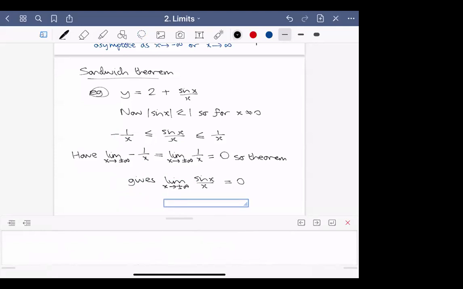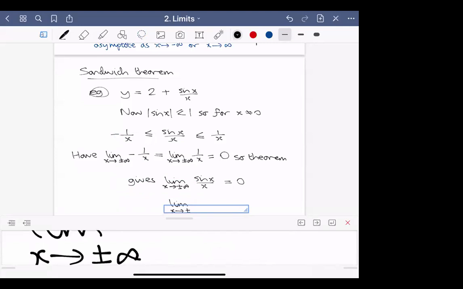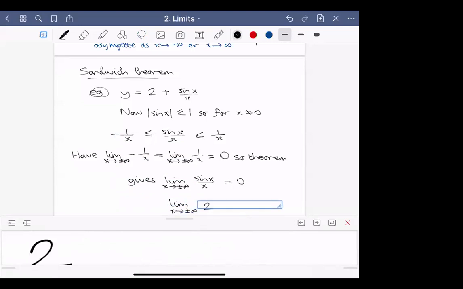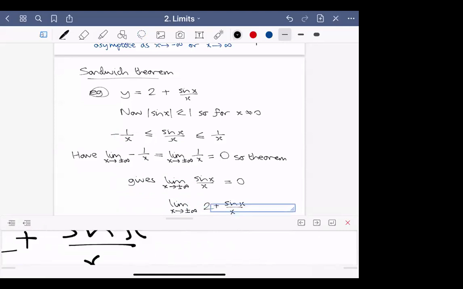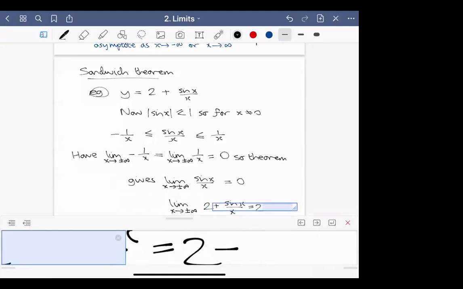And then a limit law gives the limit of the function we want. It's just 2 plus 0, which is 2.